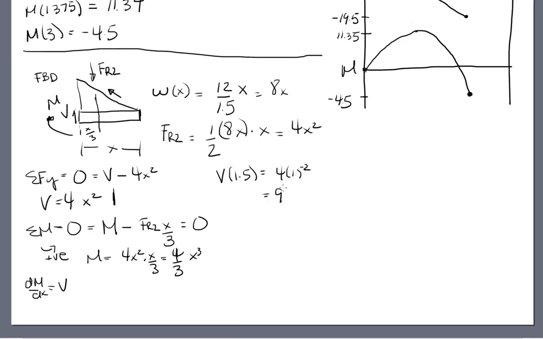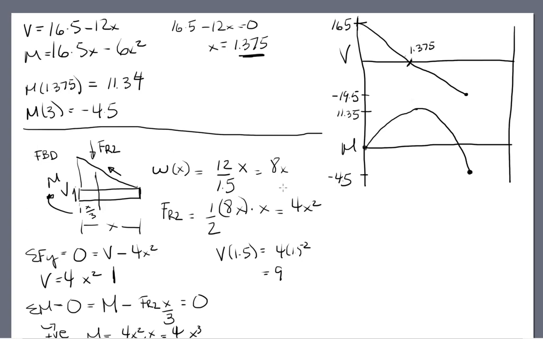So we know that this curve here, starting here, is parabolic, and it goes up to 9. And then we can see it's going to drop back down like that.